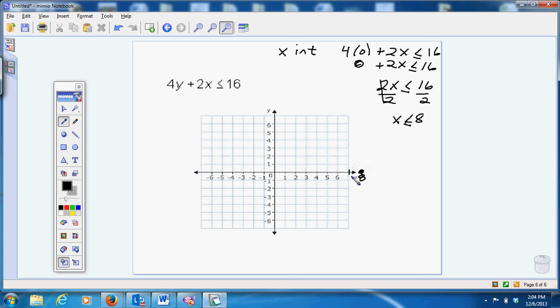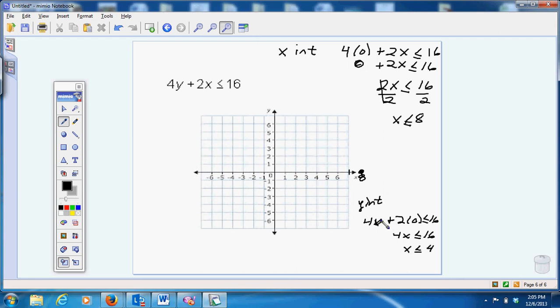Okay? Now to find the y-intercept, I do the opposite. I'm going to make x equals 0, so 4x is less than or equal to 16 and solve for y. In this case, I get 4y less than or equal to 16 because the x term basically goes away at 0. And I get that x is less than or equal to 4. I'm sorry, y.